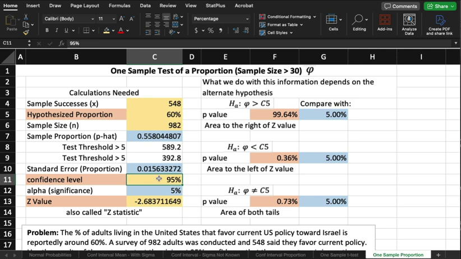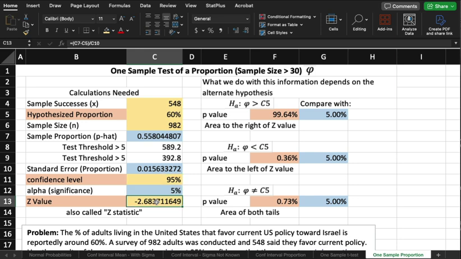Our confidence level is typed into cell C11, and that's just 95%. Our significance level then is equals 1 minus C11. So those two percentages should add up to 100%.